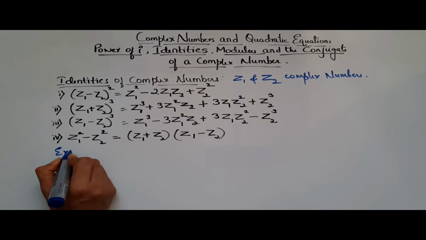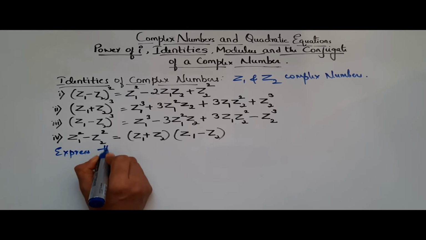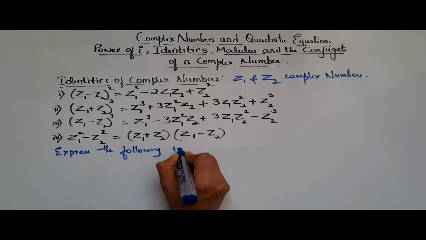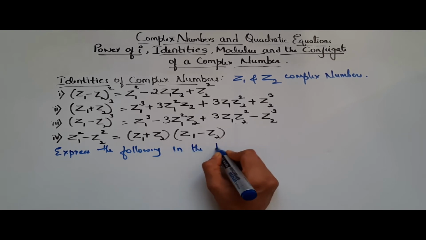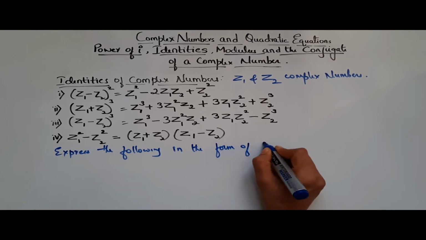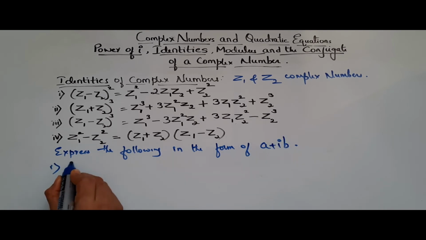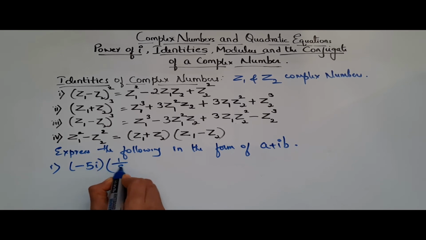So here it says express the following in the form of a plus ib. We have minus 5i into 1 by 8i.